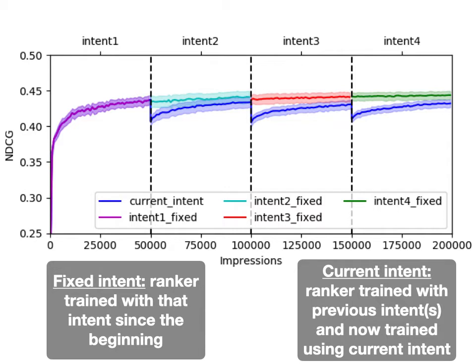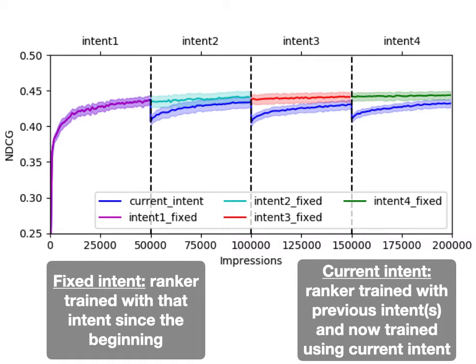And for example, for the red ranker, that's the ranker that has been trained with intent 3, assuming that what is relevant is what intent 3 says from iteration 0. Okay, so the performance of the ranker for intent 3 is shown just between 100,000 and 150,000 interactions, but that ranker has been trained since interaction 0.